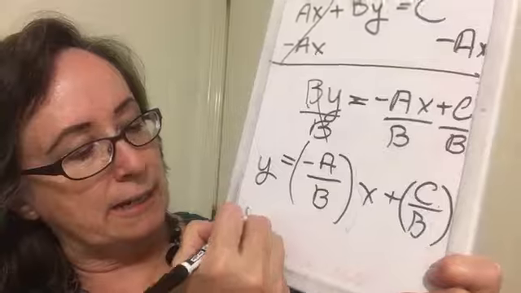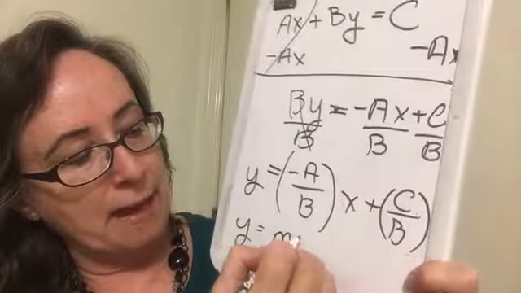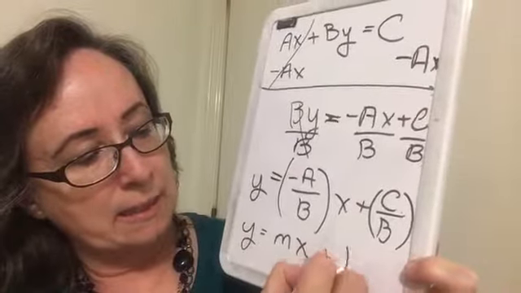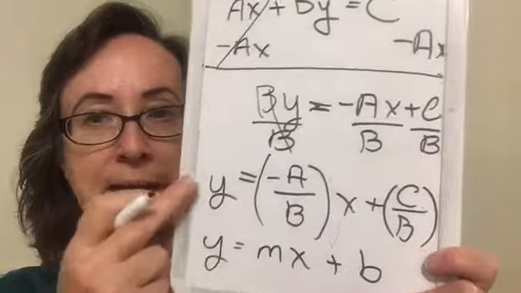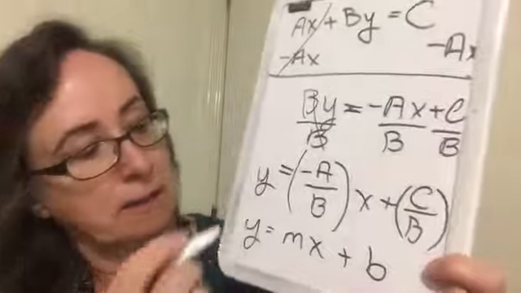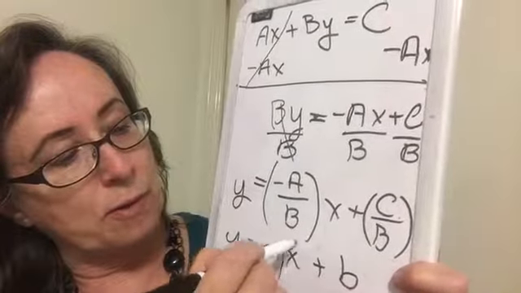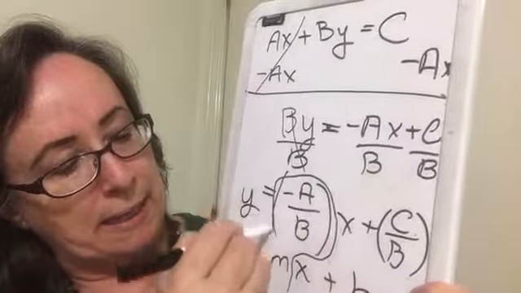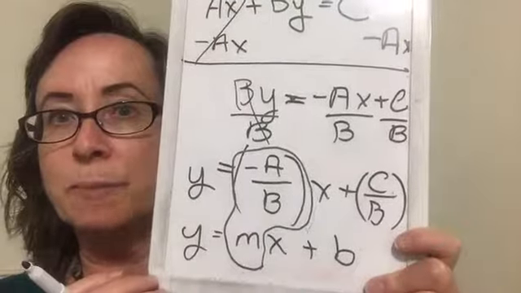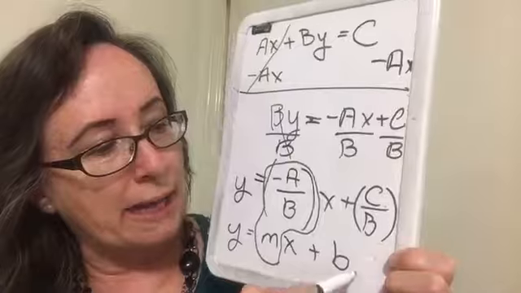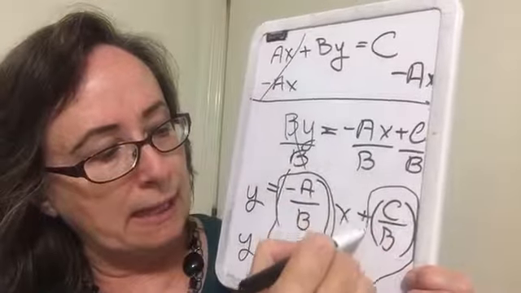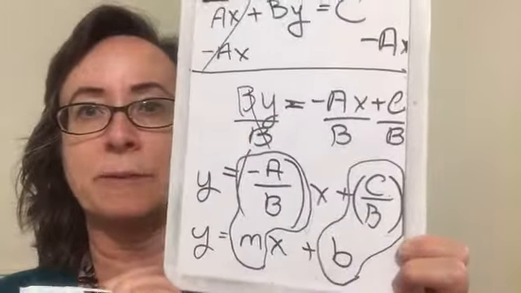All right, now remember our slope-intercept form of the line is y is mx plus b. So when you compare the two, since I have them both solved for y, my m, or my slope, must be -a over b, and my little b, which is my y-intercept, must be my c over b.